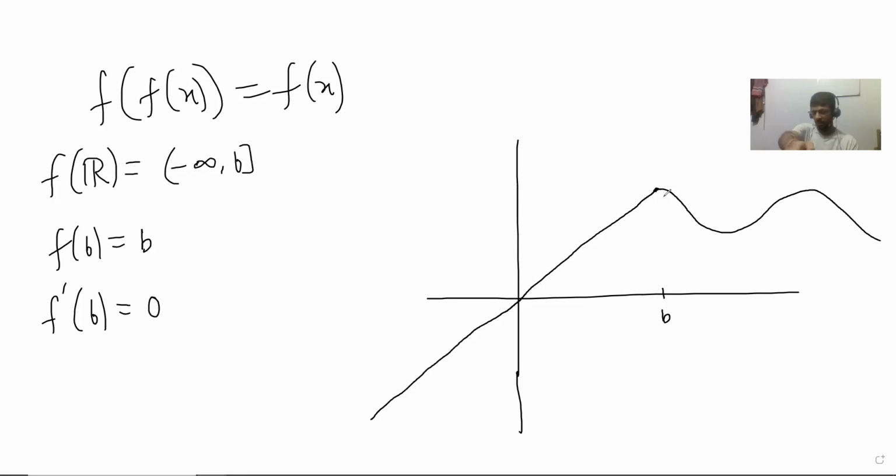Okay, but you see, the left hand derivative is not 0, right? It's 1 and it is differentiable, so it cannot be 0. So that's a contradiction.